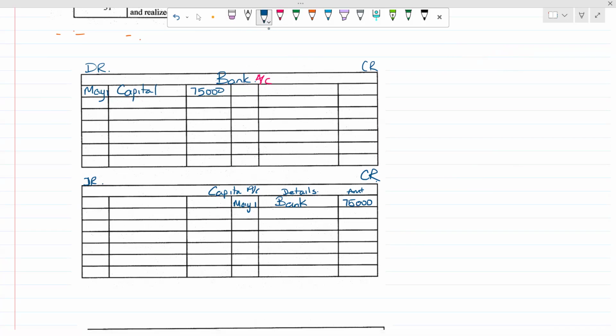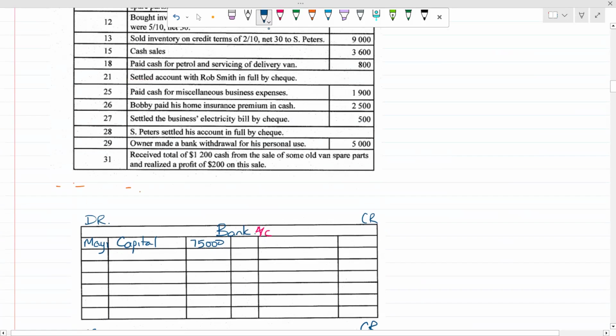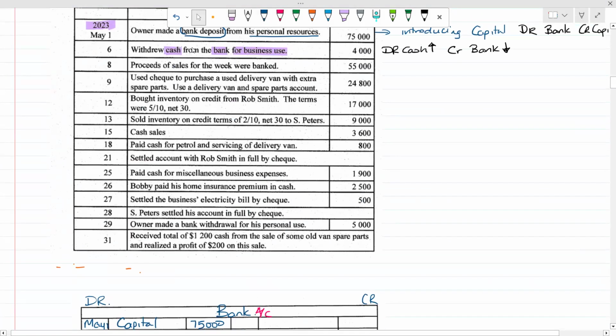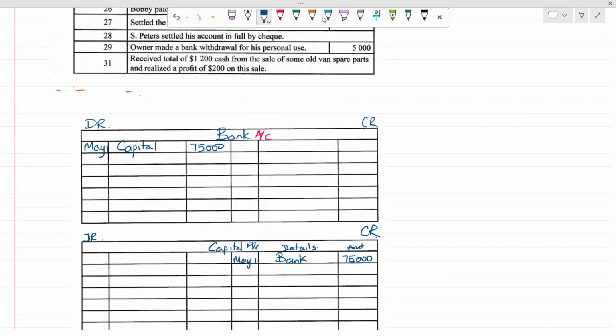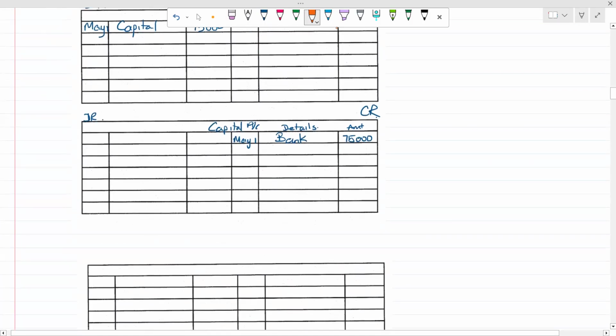So similarly, in that second transaction we talked about up here, where we withdrew cash from the bank for business use, we are literally taking money out of the bank, and I like to write out and in for the cash and bank account, and we are putting it in our cash account. So this is in, this is out.